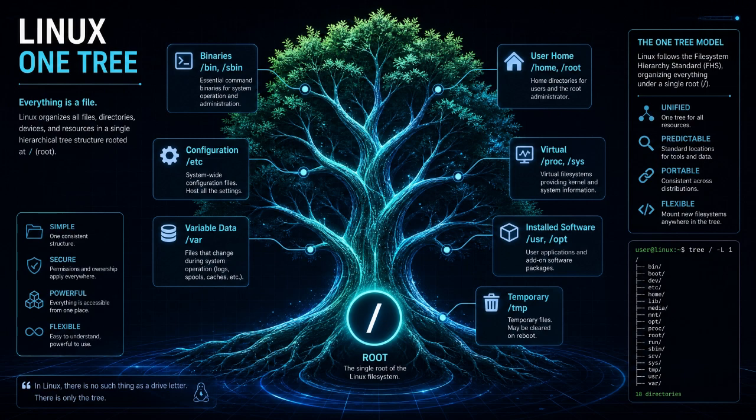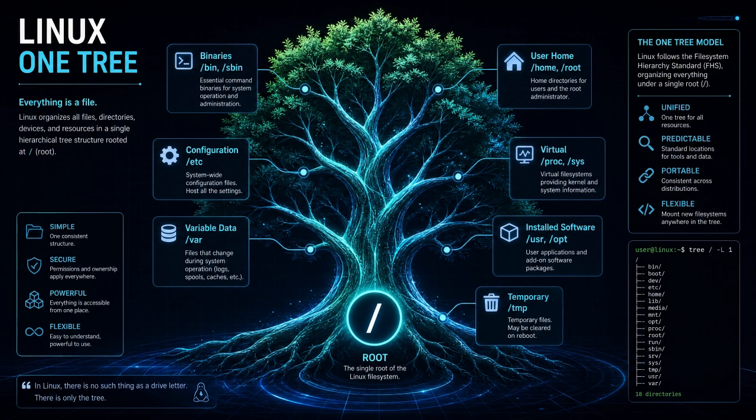Broadly, there's the root itself, the family of command directories where your everyday programs live, the configuration family, the family of directories holding data that constantly changes, the user space family, home directories and root's own home, the installed software family, and the family of virtual, live system directories that aren't really files on disk at all, just windows into the running kernel. 7 small groups beat 17 unrelated names. Let's go through them one at a time, starting with the ones you'll type the most.